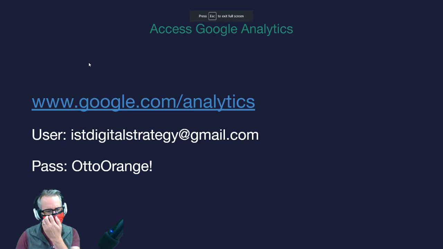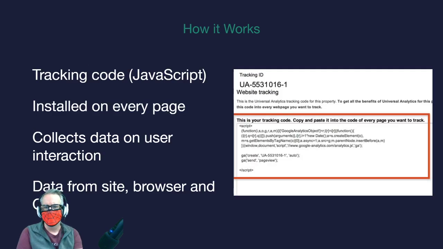We'll skip this for right now because we're not going to use this file, I don't think. If you want to use Google Analytics, you have to put some JavaScript into every page on your website that you want to be tracked. This will let Google Analytics access the data on your user interactions.